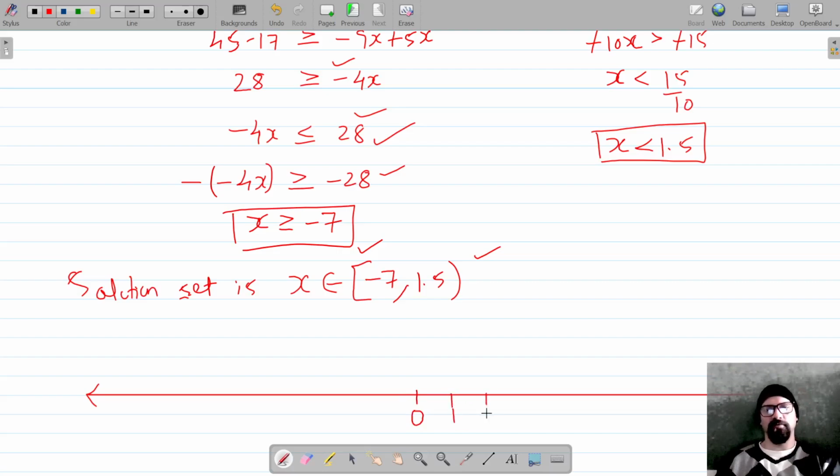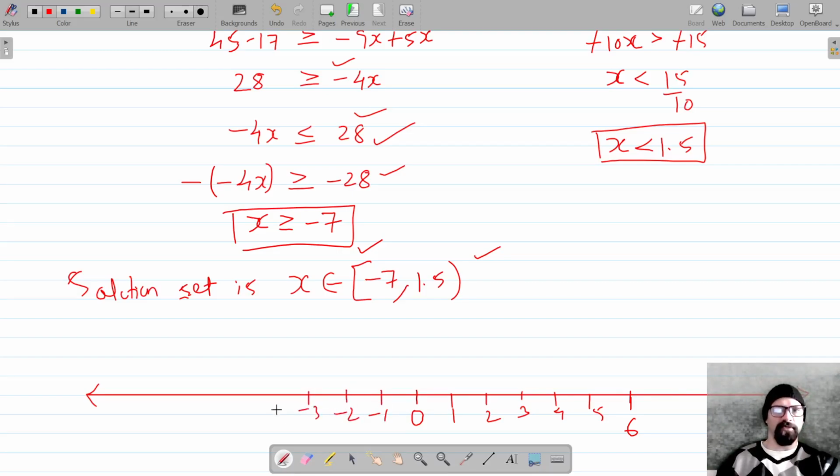Let's say this is 0, 1, 2, 3, 4, 5, 6, and so on. And let's say this is negative 1, negative 2, negative 3, negative 4, negative 5, negative 6, and negative 7.